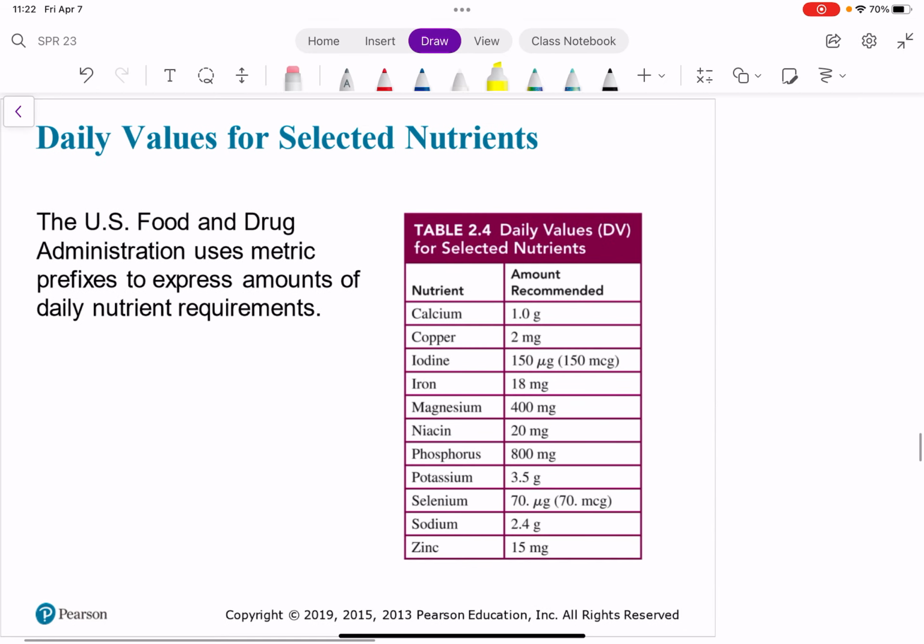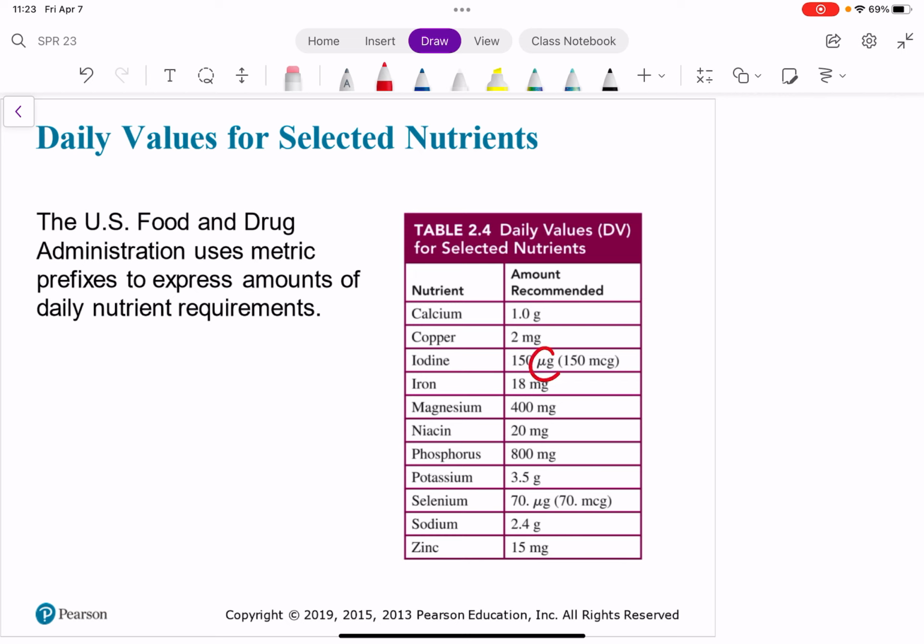This is cool. We're not going to spend much time on it, but this is just showing you the daily values from the Food and Drug Administration in the U.S. We use metric prefixes to express those amounts, which is something you might be familiar with. That's just because you don't need as much of some nutrients in your body as others.